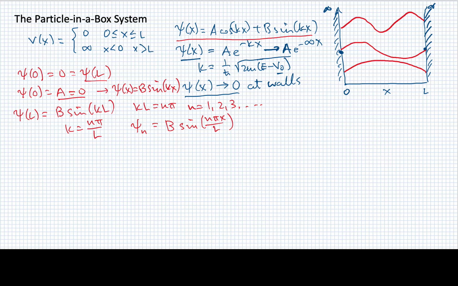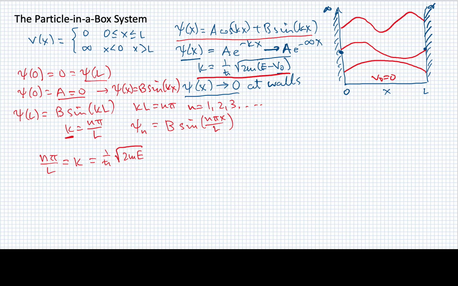Well, it actually has answered that because we can write k in terms of that energy, as we have done right here. And we have the k in terms of this number n. So all we need to do is to set those pieces equal to each other. So I have n pi over L is equal to k, and k is equal to, and now we have V0 is equal to 0 in this part, so we just have k is equal to 1 over h bar square root of 2m times the energy.